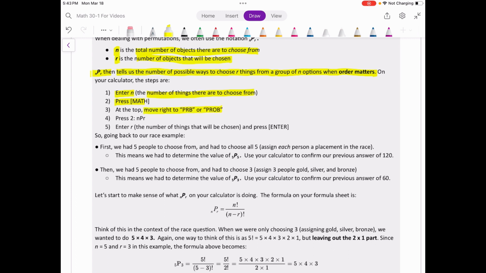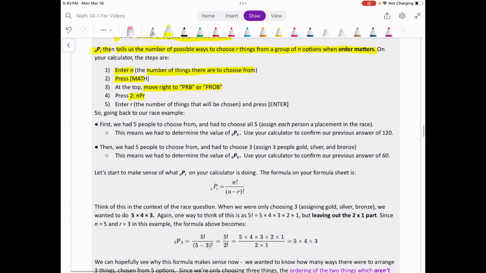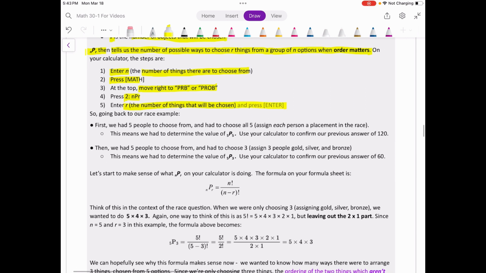Both mean the same thing, just different calculators write it in a different way. You're going to press 2 for nPr. You'll see that when we do it here. Finally, enter r, the number of things that will be chosen, and press enter. And it will just calculate that for you. It'll tell you how many ways there are to choose r things from n options if order matters.